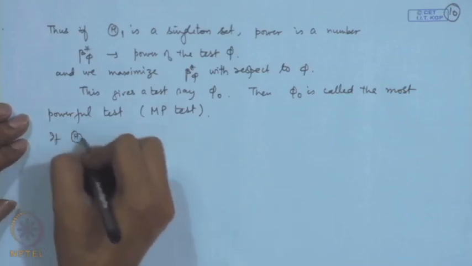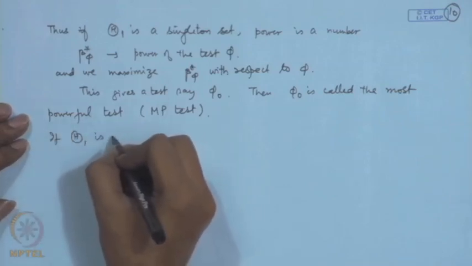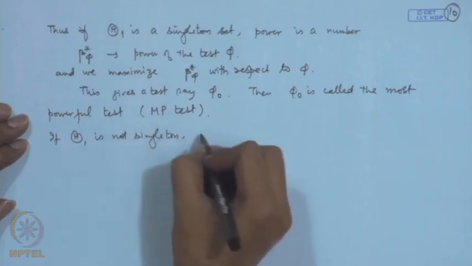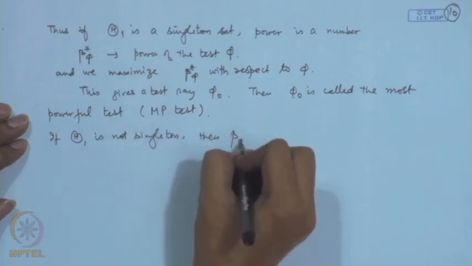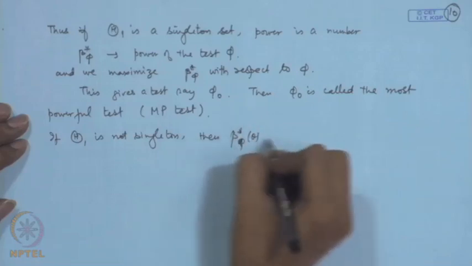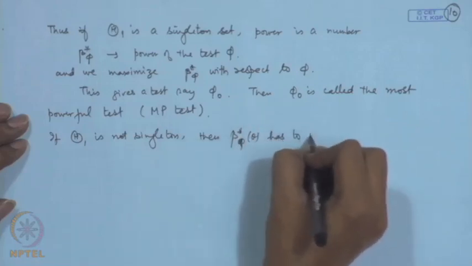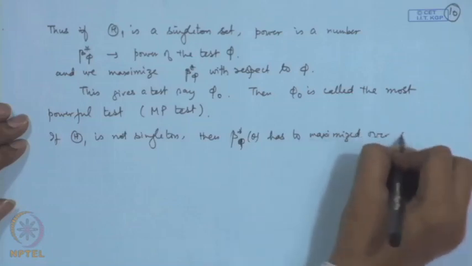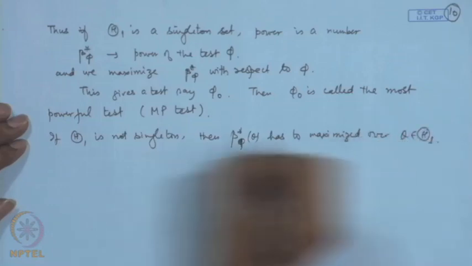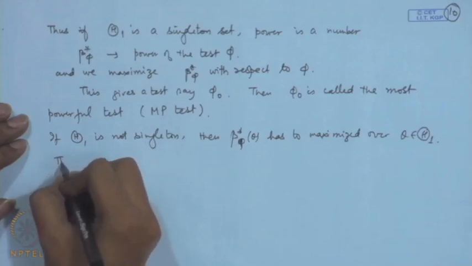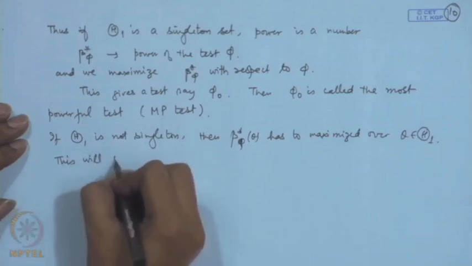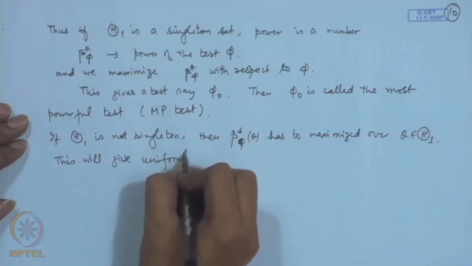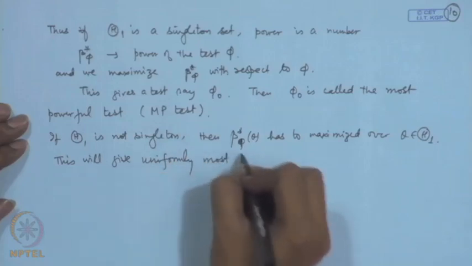If theta 1 is not a singleton, then beta star phi theta has to be maximized over theta belonging to theta 1. This will give the uniformly most powerful test.